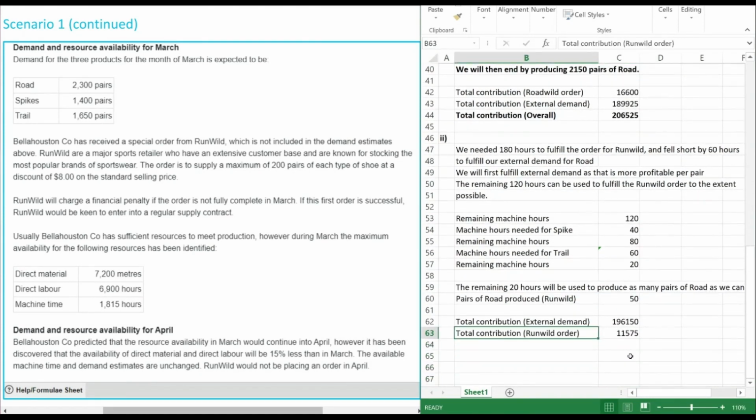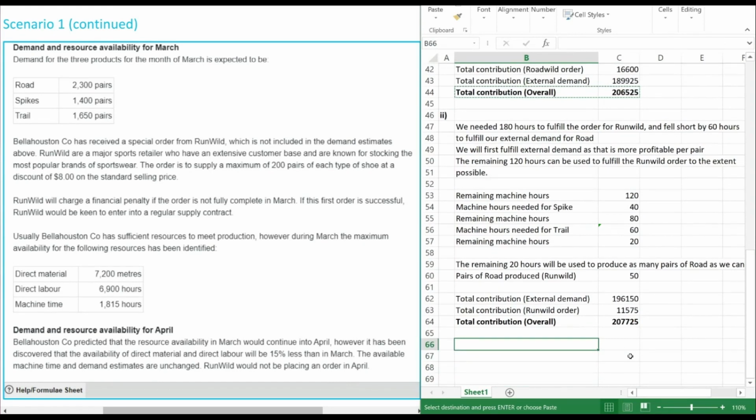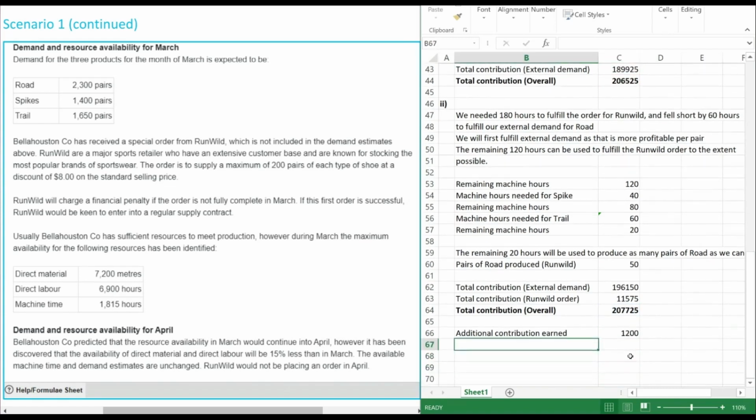So we get 11,575. So that means our total contribution overall will now be 207,725. So the additional contribution earned if we break the order compared to if we kept the order would have been the difference between these two amounts, which is 1,200. So that's the maximum financial penalty we would be willing to pay.